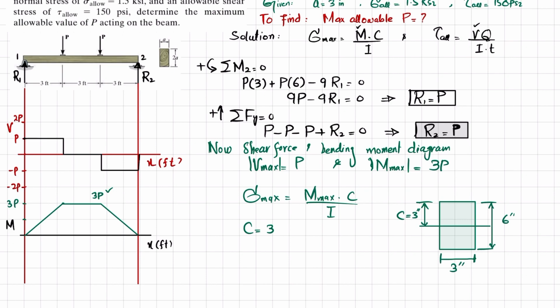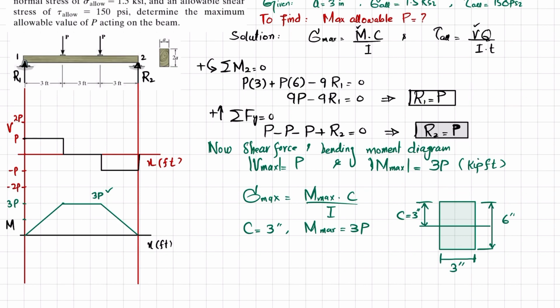3 inch. So C is equal to 3 inch. Okay, 3 inch. Maximum moment is equal to 3P. Clear? And for this 3P, the unit will be in pound into feet, let's say, okay, we can use kilo pounds, kips into feet, because the allowable stress is in KSI.